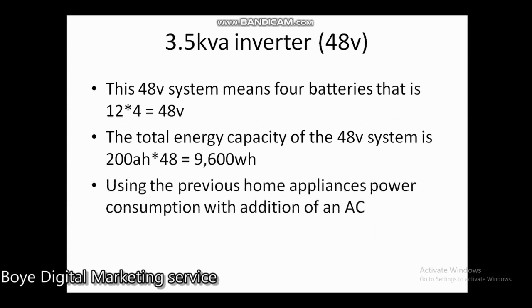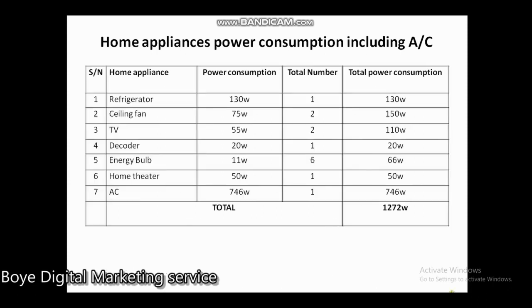Now, using the previous home appliances that we used for the calculation, then adding the AC, air conditioner, to it. In the previous example, there was no AC, that's why we have 400 and something watts. Now adding AC to it, the AC alone has 746 watts.